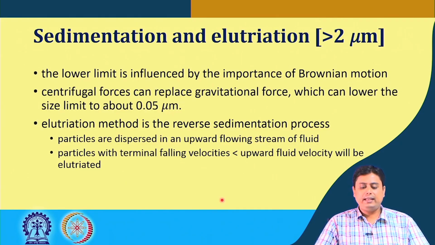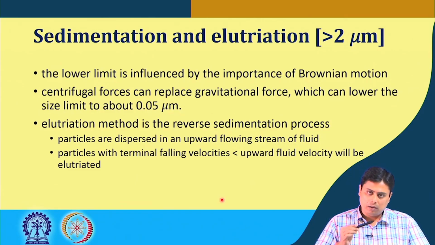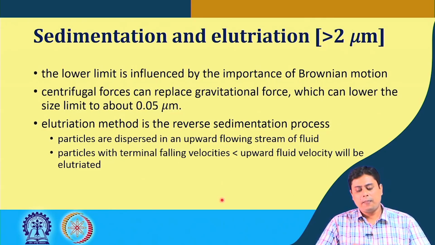Elutriation is basically the reverse of this sedimentation process, where particles are dispersed in an upward flowing stream of fluid. In sedimentation the particles were moving from top to bottom, but in elutriation the flow is from bottom to top, and the particles which have a terminal falling velocity lower than the upward fluid velocity will be carried away by the flowing stream, or elutriated.